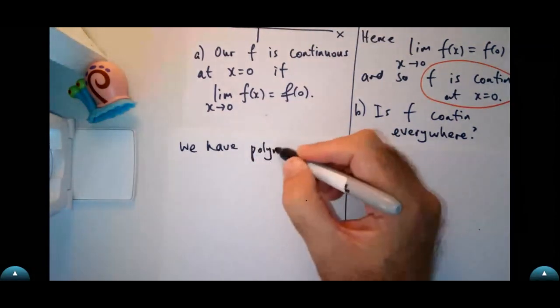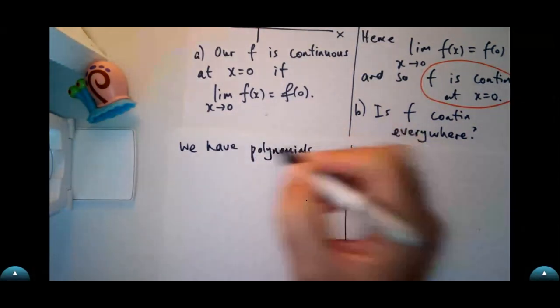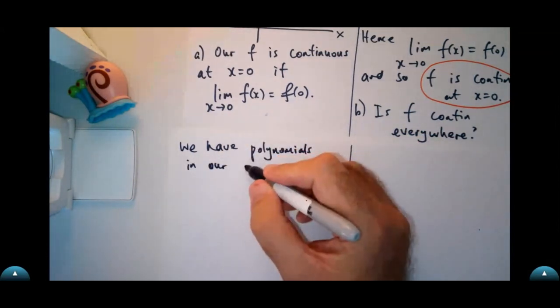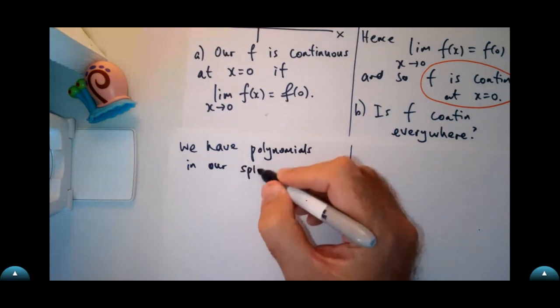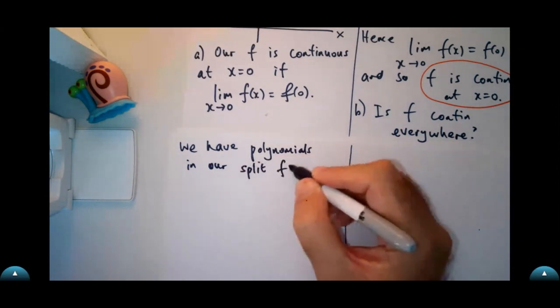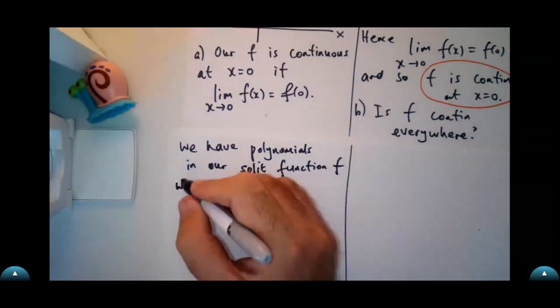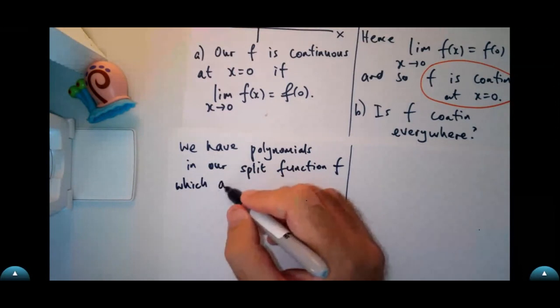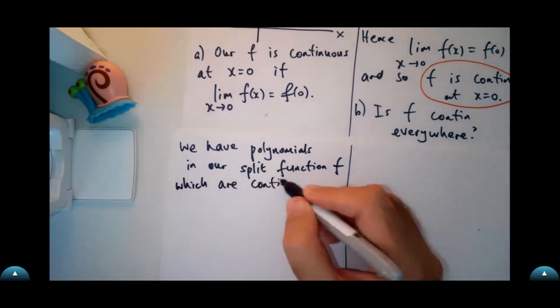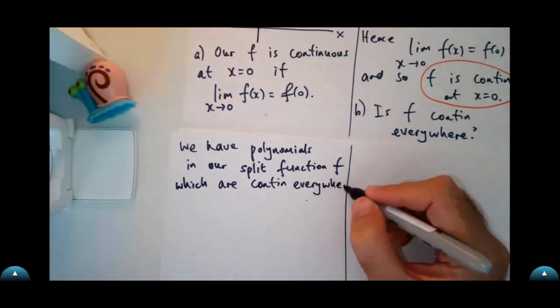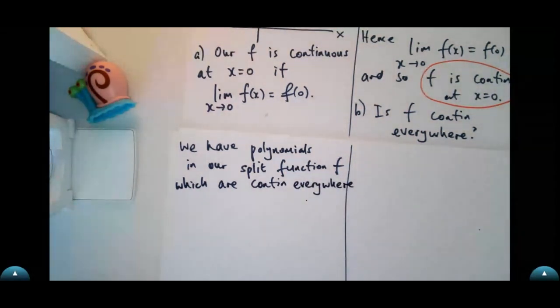We have polynomials in our piecewise or split function. And polynomials are continuous everywhere. So a polynomial is just something like a linear function, quadratic, a cubic, a quartic, these sorts of things.